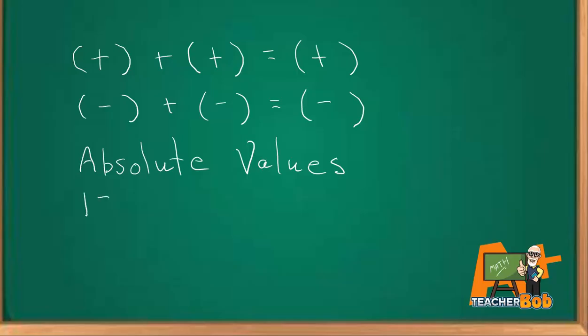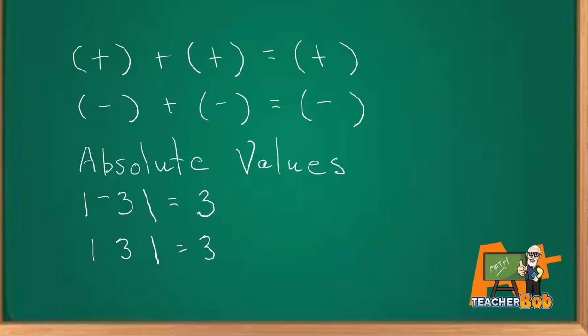What is the absolute value of negative 3? How far is it from 0? Well, it's 3 units away from 0. So the absolute value of negative 3 is equal to positive 3, or 3 units away from 0. The absolute value of positive 3, well, that's just on the other side of 0, the same distance, would also be 3 as well.